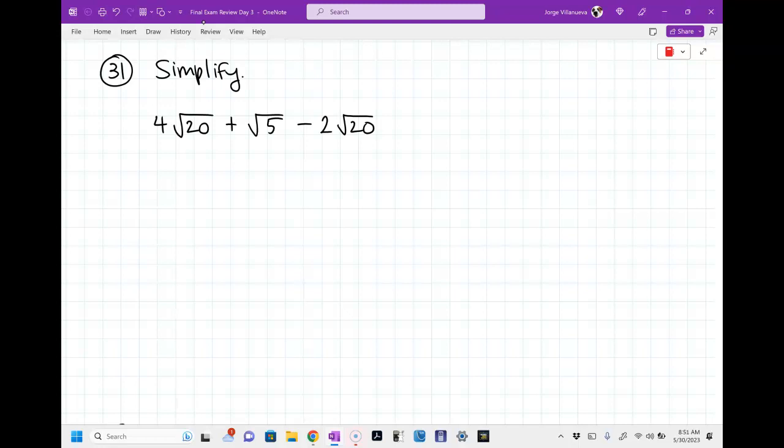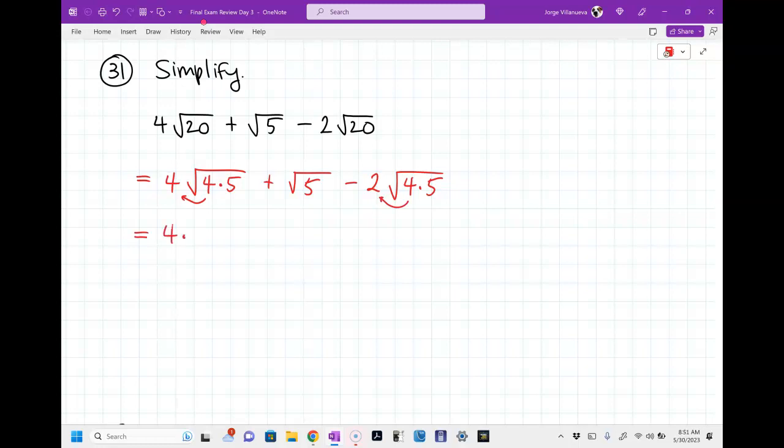Okay, so I know that I can write 4 square root of 20 as 4 square root of 4 times 5 plus square root of 5, because that one you can't do anything with, minus 2 square root of 4 times 5. Now I know the 4 can come out, and it's going to become a 2.